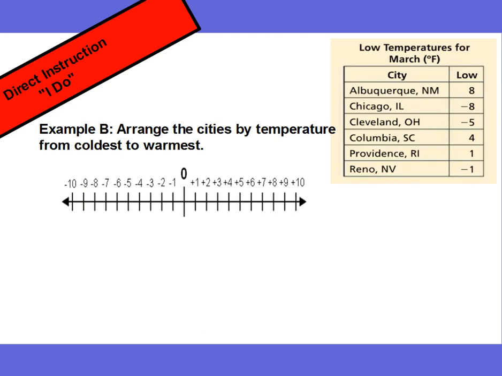Something else we do when we're comparing integers is to put a bunch of numbers in order from lowest to greatest, or in this case, from coldest to warmest. So I've got these cities here, and I'm going to mark them on the number line. Albuquerque is at +8. Chicago is -8.